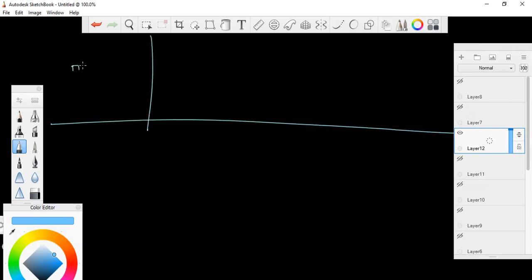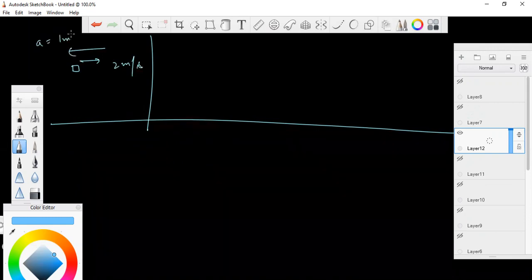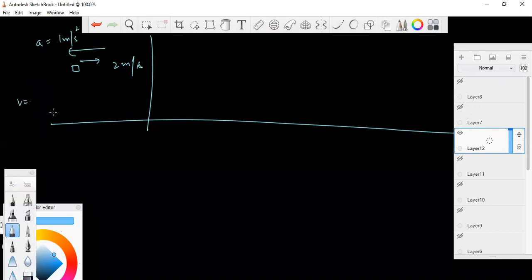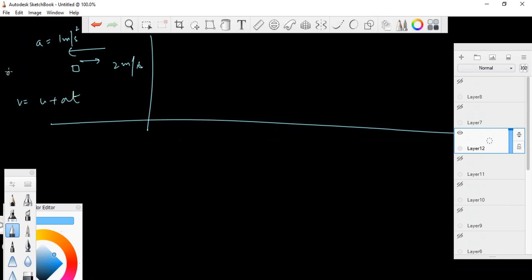It is given that the object is moving in this direction with 2 meter per second, and it is experiencing an acceleration in this direction of 1 meter per second square. Tell me what is the velocity after 4 seconds. I'm writing the formula. Tell me how do I put these values in this equation?